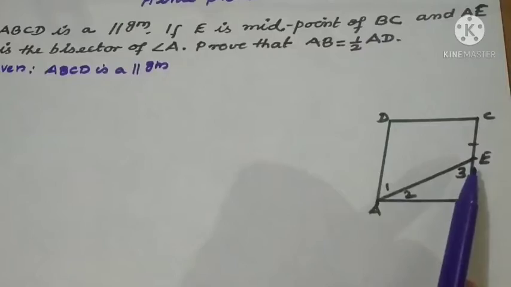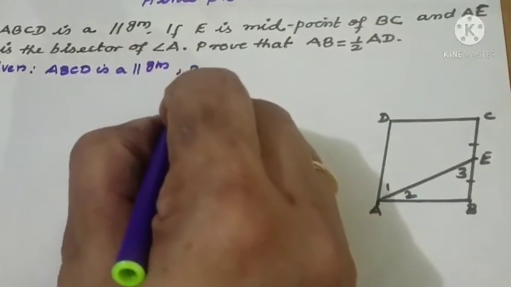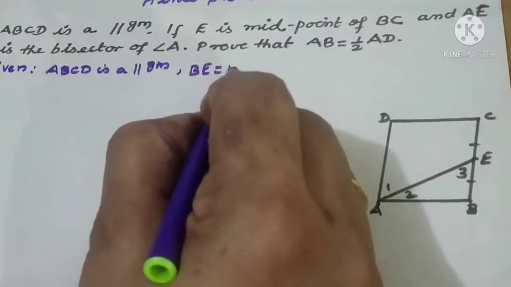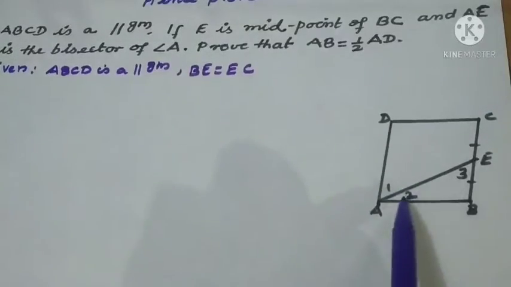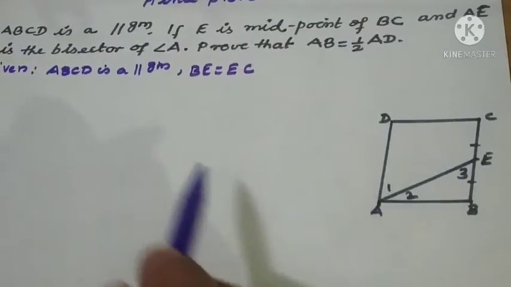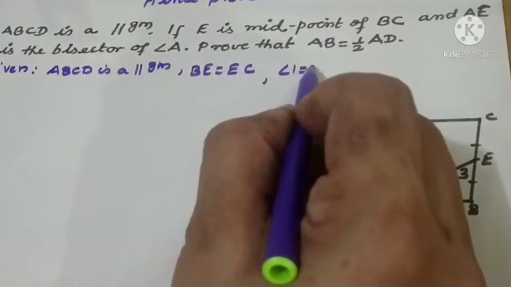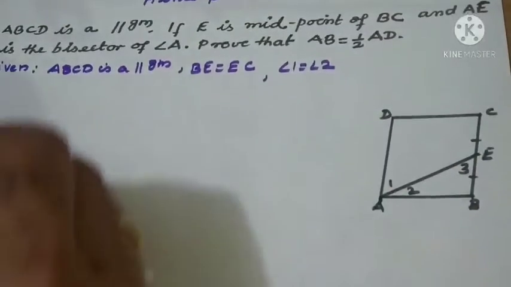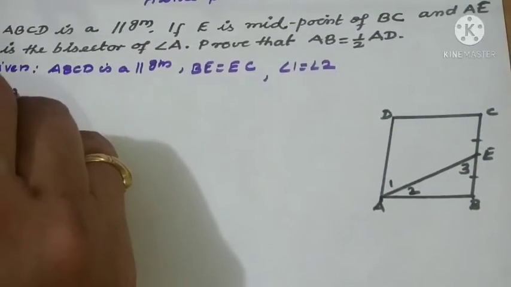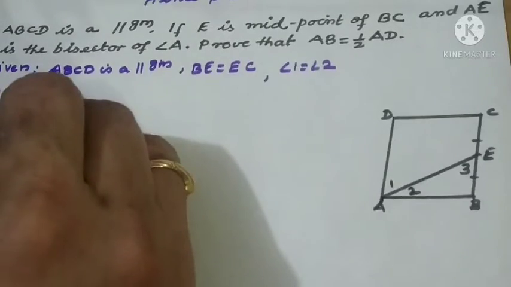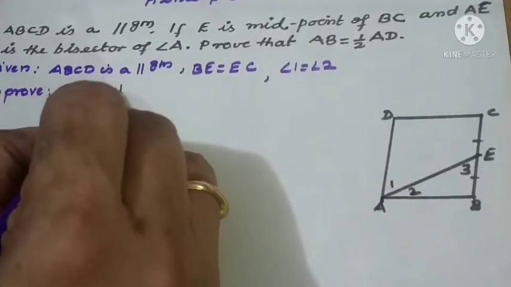That means BE equal to EC. AE is the bisector of angle A. Angle 1 equal to angle 2. To prove AB equal to half AD.